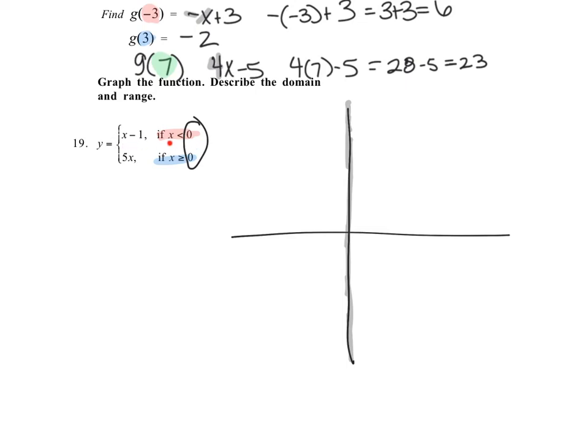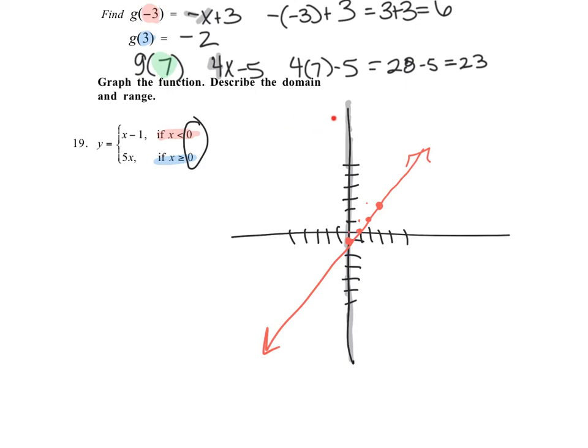So this equation where it's less than 0, we're going to graph x minus 1. So I'm going to start at negative 1, and I go up 1 over 1. I'm going to draw the whole thing. And I don't want the whole thing though.